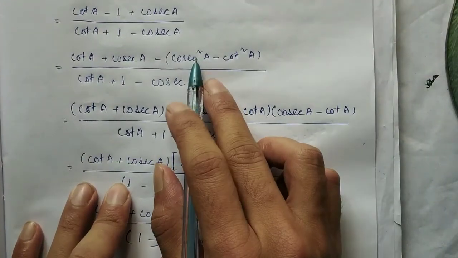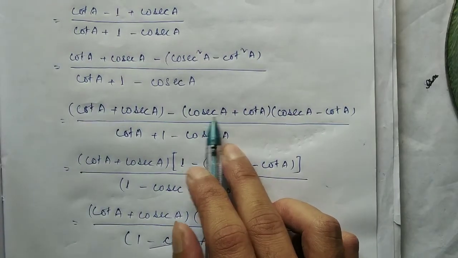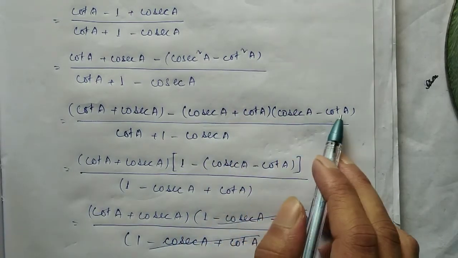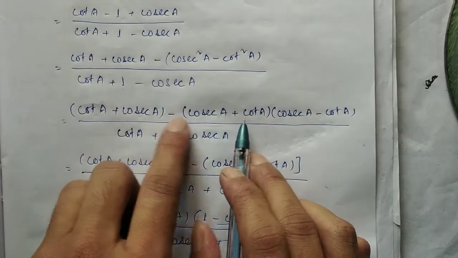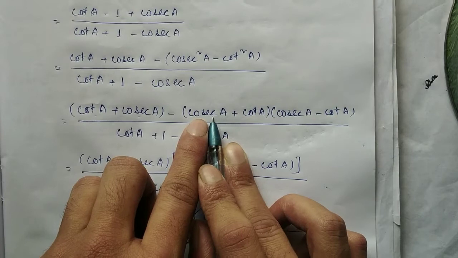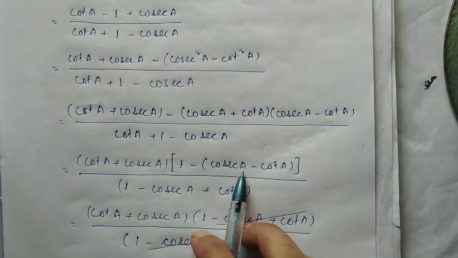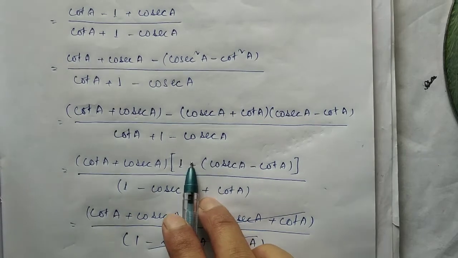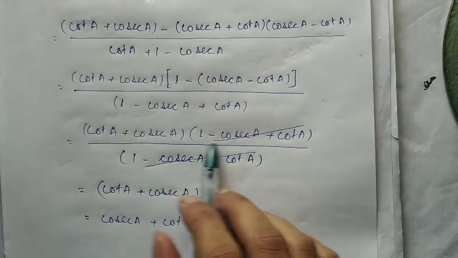Then we use the a square minus b square formula here, and we write (cosec a plus cot a) into (cosec a minus cot a). Then we see that there is cot a plus cosec a here and cot a plus cosec a here. So we take common and we remain with 1 minus (cosec a minus cot a). There is a minus sign here, just note it carefully.